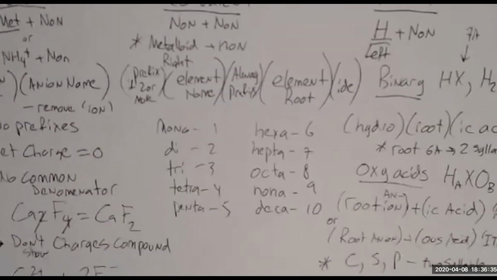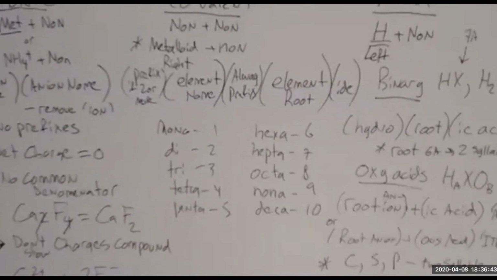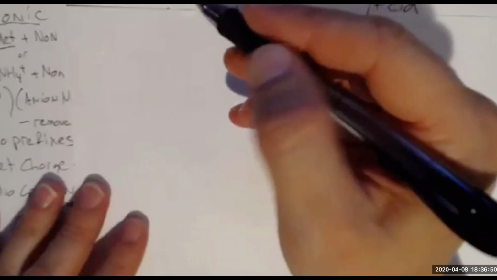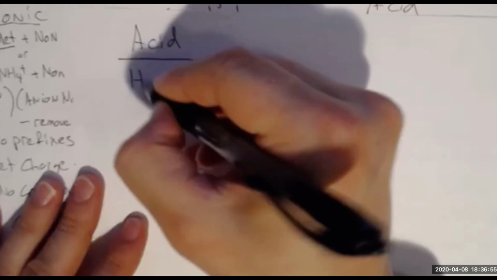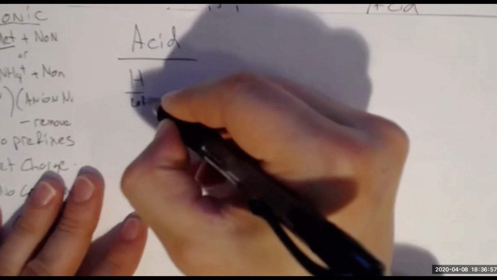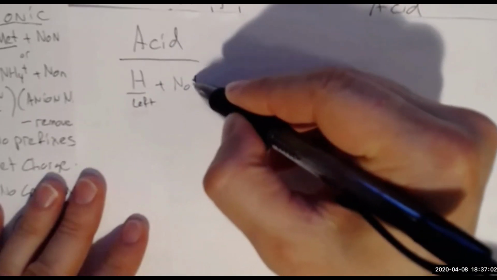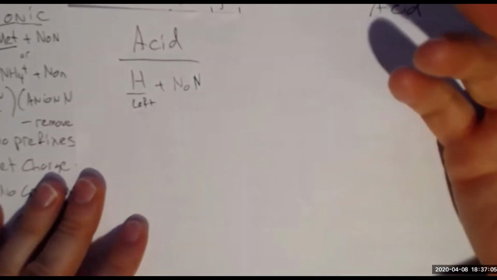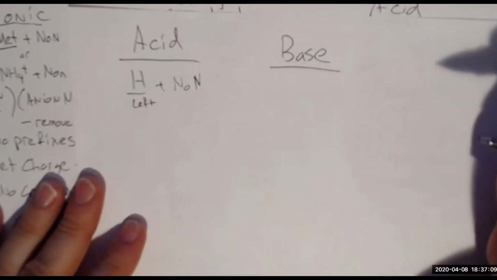We really haven't covered acids and bases yet for net ionic equations, but what I'm calling an acid is simply something that has hydrogen on the left of the formula, plus a non-metal. That one's straightforward. For us, a base is just a special case of an ionic compound.